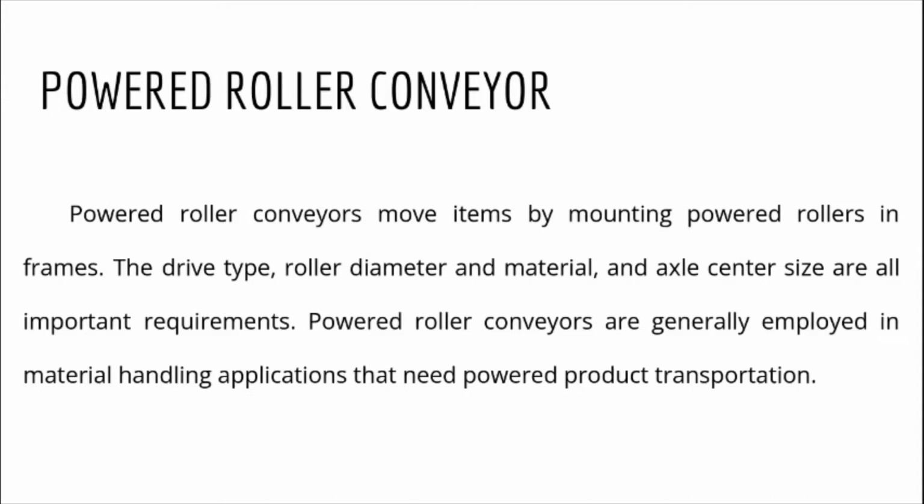Powered roller conveyors are generally employed in material handling applications that need powered product transportation. Belts, chain sprockets, and powered rollers are examples of many drive types. Food handling, steel making, and packaging are some of the applications for motorized roller conveyors.